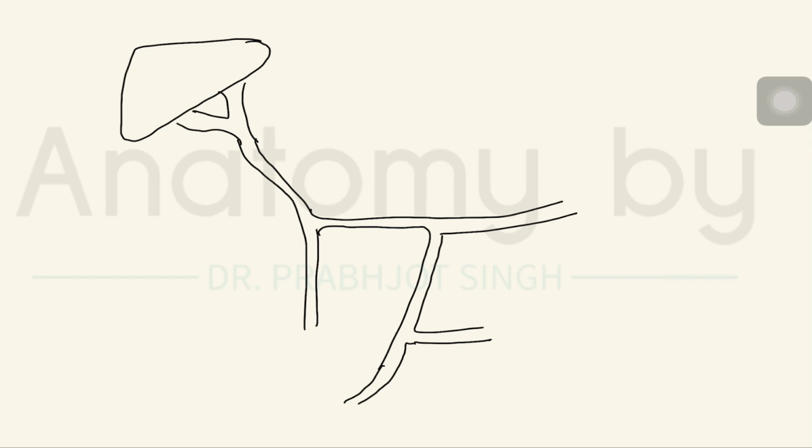So the first one, that is about the esophagus. You have an esophagus over here. So at the lower end of the esophagus, you have certain veins which drain into the left gastric vein.